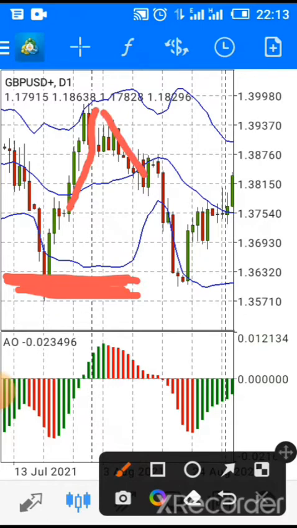So once you see this price coming down, coming down, you will be waiting as the trader. Patience is of essence in trading. You will be waiting and expecting this price to come down to this point. As soon as price gets to that zone, what you should do is to enter for a buy.